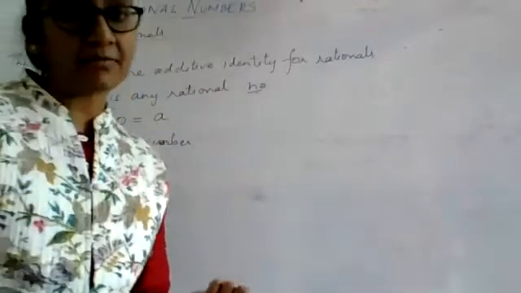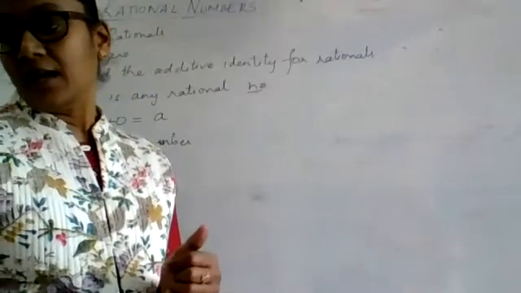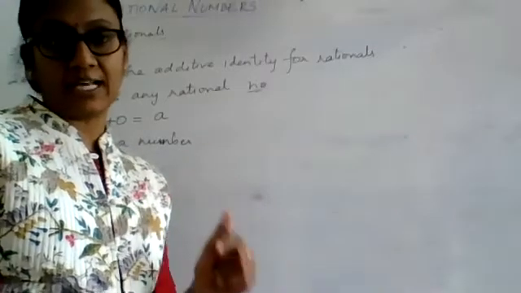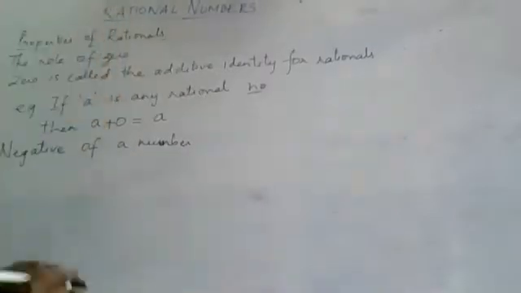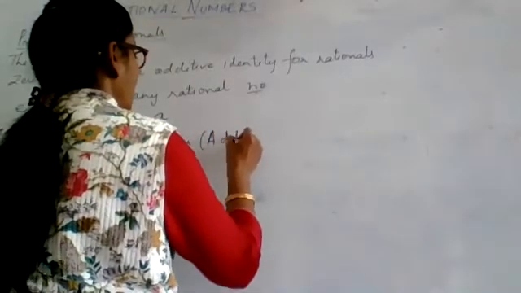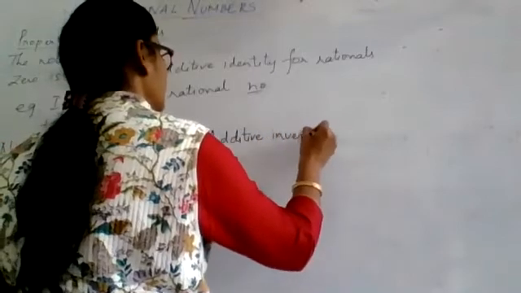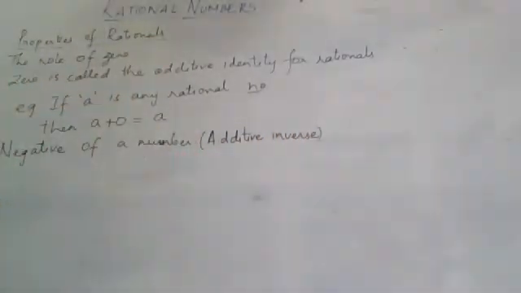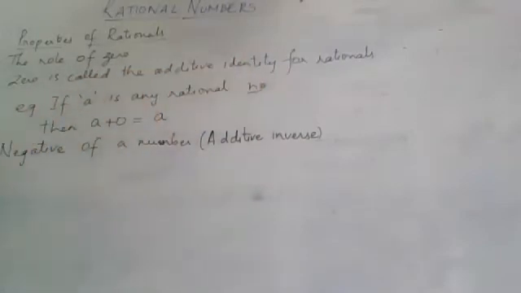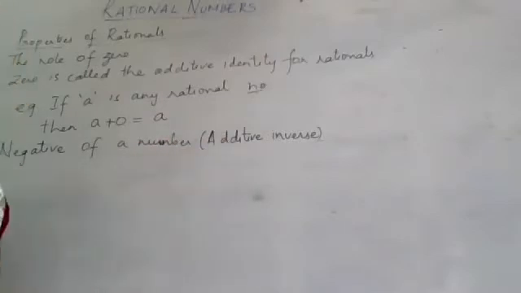Then that negative A by B is called the additive inverse of the given rational number. So when I talk about the negative of a number, I am talking about the additive inverse, whereas when I talked about 0, I was talking about the additive identity.